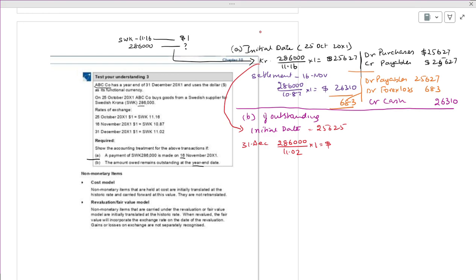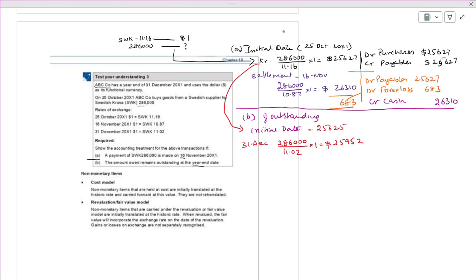How much? 286 divided by 11.02 gives 25952. Are payables increasing or decreasing? Increasing.